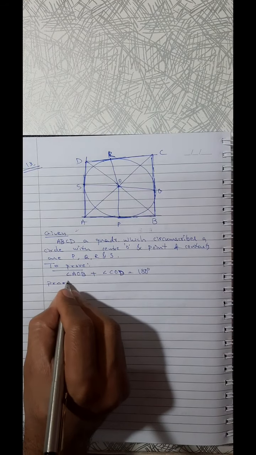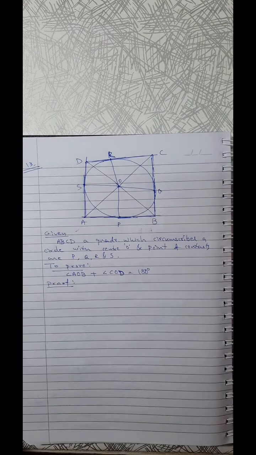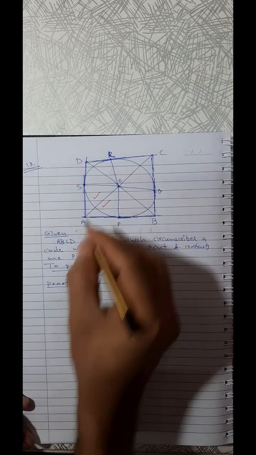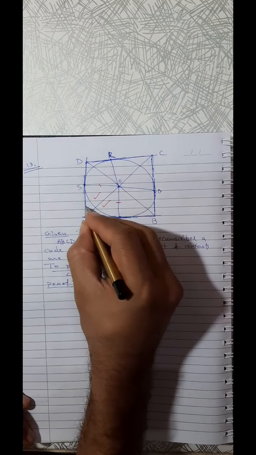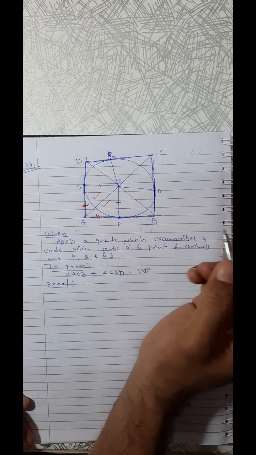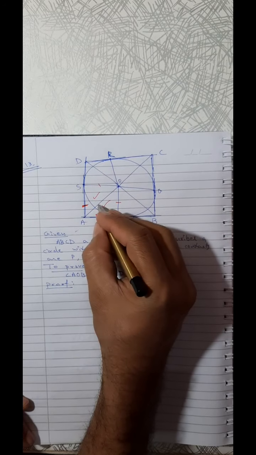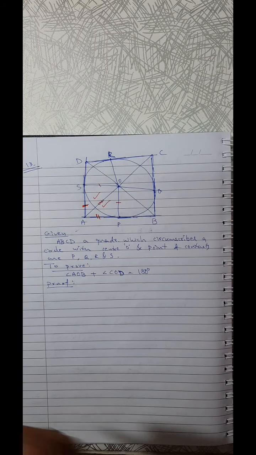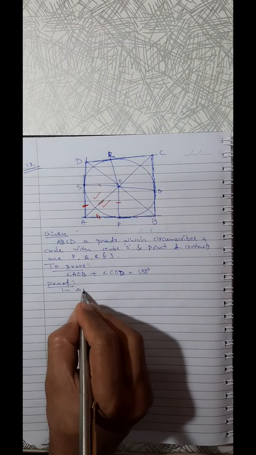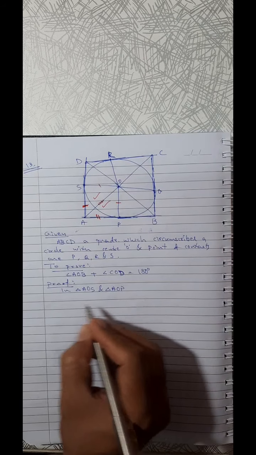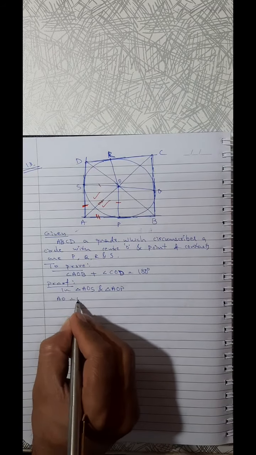Proof is simple only. As we did in many cases, here also we will take these two triangles. Radii of the same circle, length of the tangents equal, and one side is common. In triangle AOS and triangle AOP, AO equals AO, common.